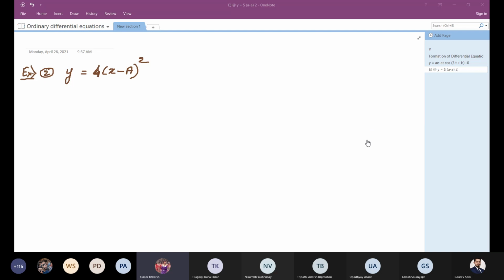Sir, dy by dx minus 4 root y equal to 0. No, actually. Where is Siddhi? Yes, sir. Can you tell me the differential equation for this? Just a minute, sir.